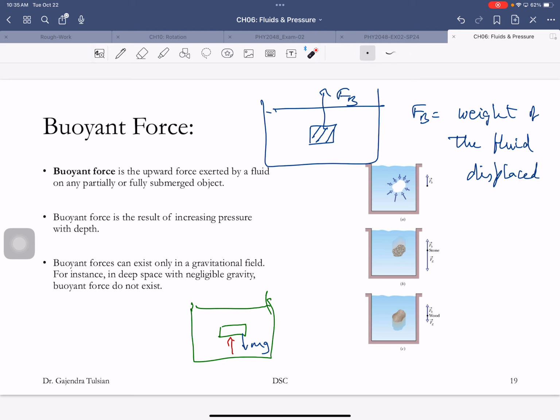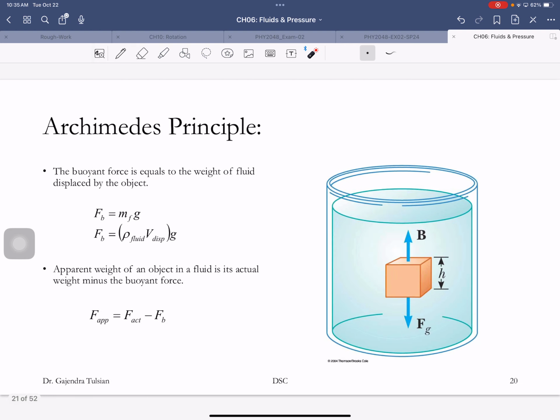So buoyant force is the result of increasing pressure with depth. It can exist only in gravitational fields. So if you were out in space, far away from any object, you wouldn't have buoyant forces. Mr. Archimedes realized how large the buoyant force will be.